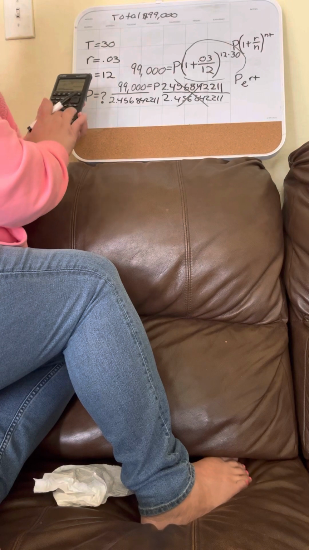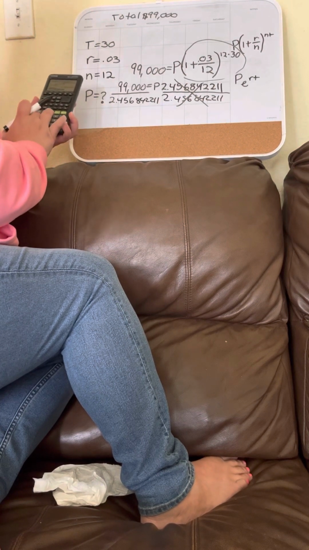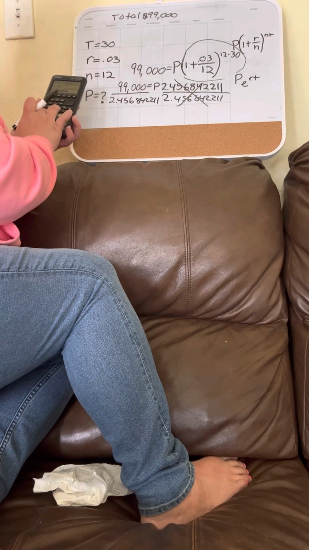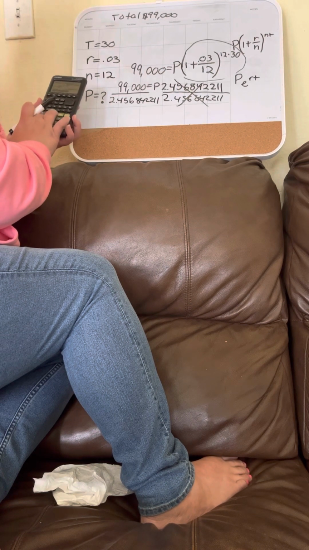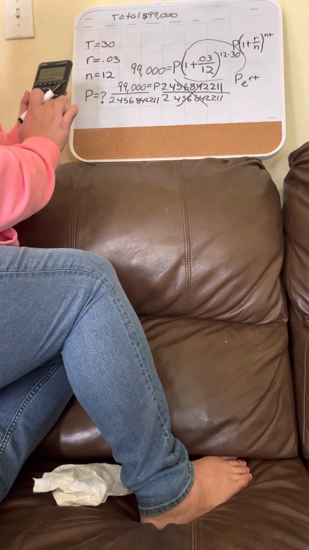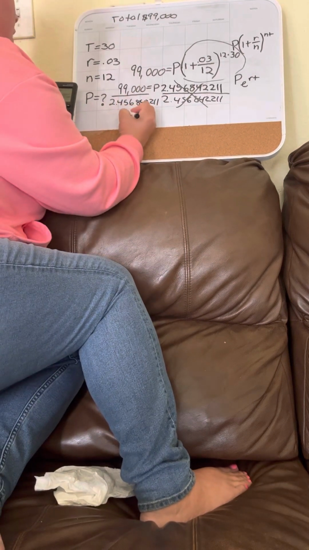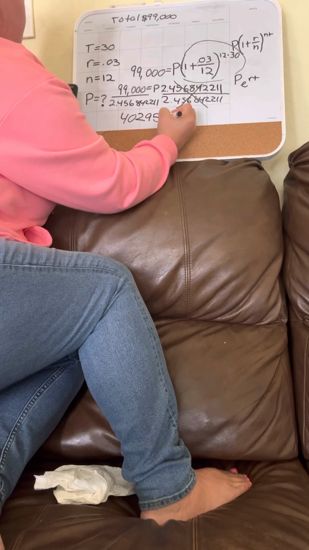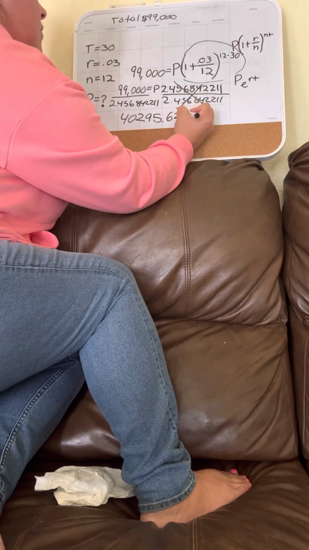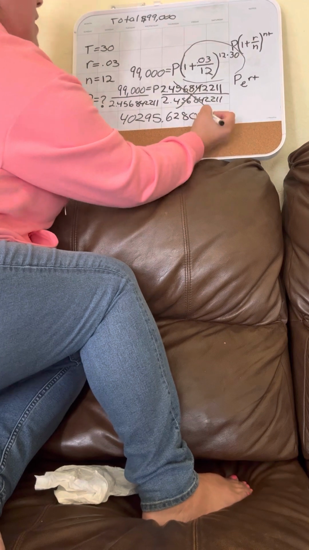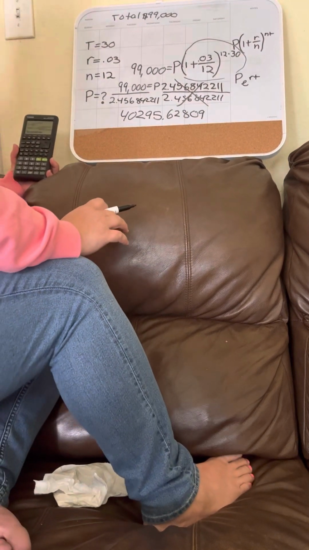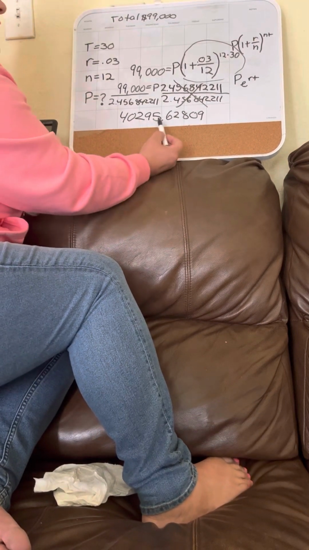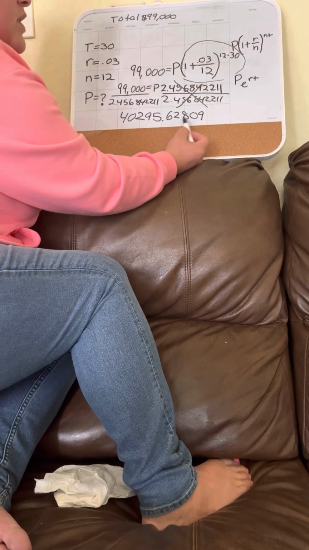99,000 divided by 2.456842211 equals, I get 40,295.62809. And I believe this says round to the nearest cent. So here are our dollars on the left side of the decimal, and here are our cents.